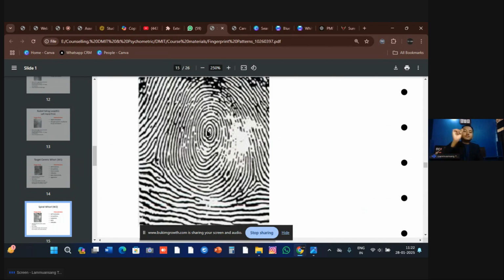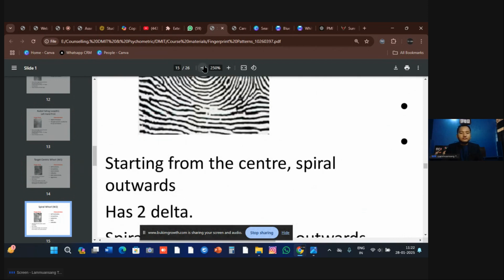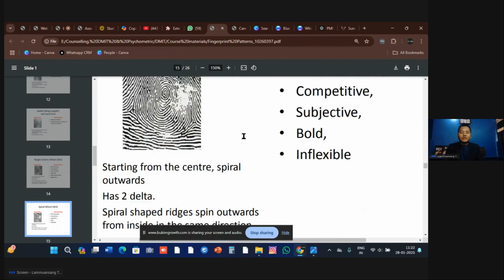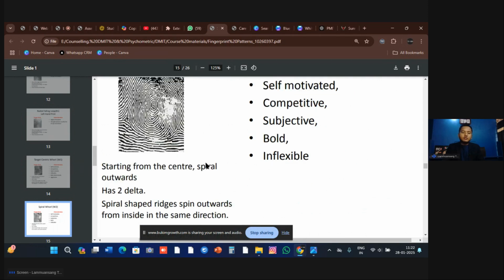If it is big spiral pattern, that is W4. That is the difference. Okay, very easy to remember if you do like this. So I'll show you. These people are self-motivated, competitive, subjective, bold, and inflexible.